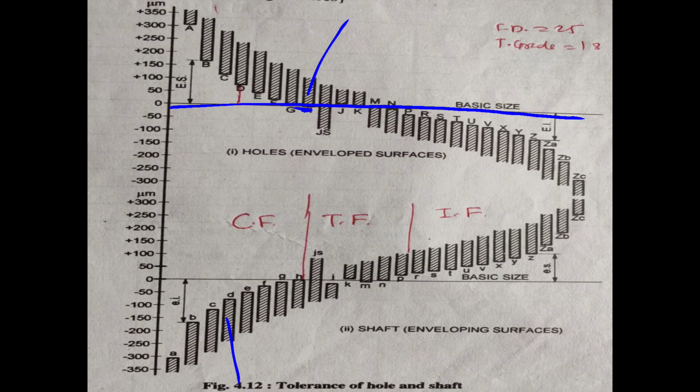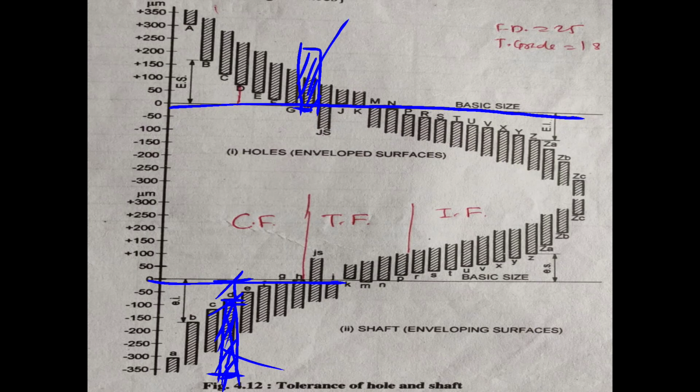Suppose due to IT7 it has a tolerance like this. So this is the hole, which comes above the basic size. Now for D, see this. D comes below the basic size, having this much permanent difference, that is clearance, and due to IT7 it will have a lower limit like this.